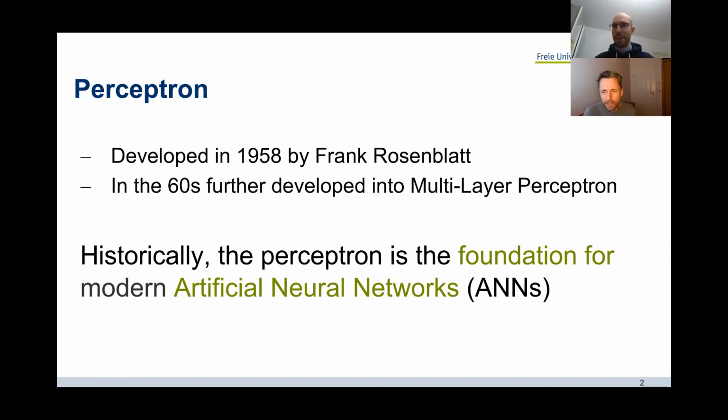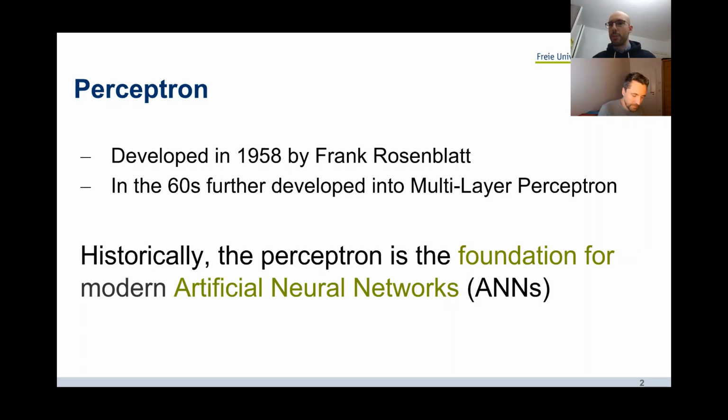All right, so let's continue. Just a quick heads up: this perceptron is going to look fairly familiar to you at some points. The reason is that the perceptron was developed in 1958 by Frank Rosenblatt, so it's a really old concept in machine learning.